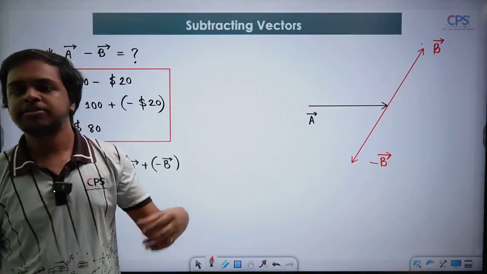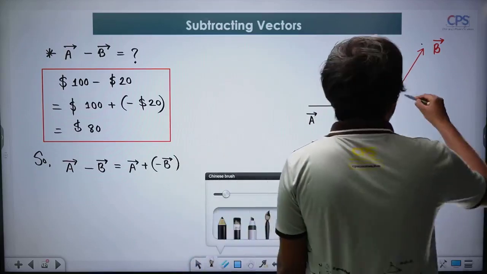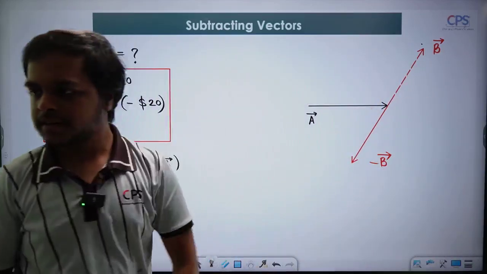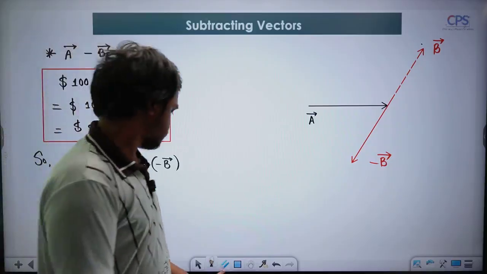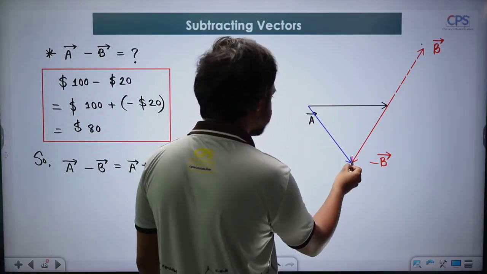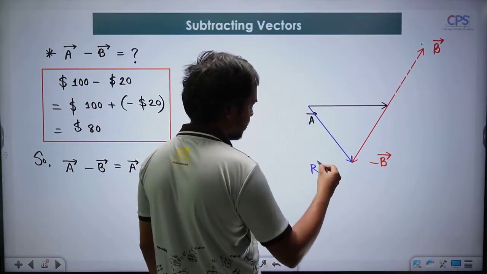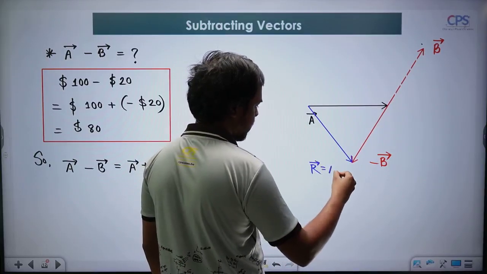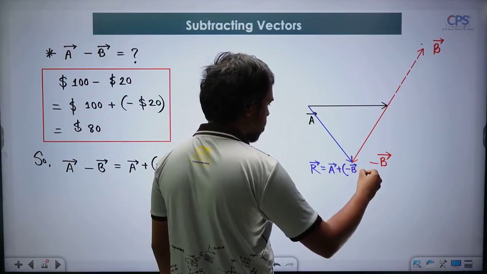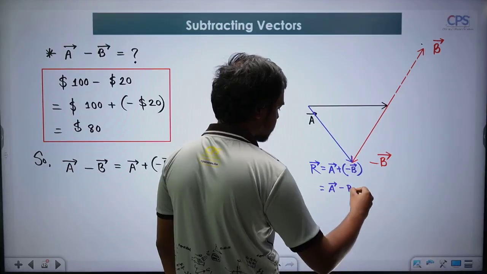And then what do you need to carry out? You need to carry out the summation or the resultant. So the resultant will be from start to end. This resultant is actually a plus minus b, or a minus b.